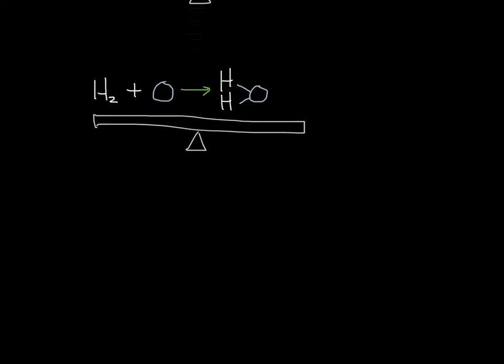Let's look at how we do this on paper. So if I say that I'm going to combine some number of hydrogen atoms and some number of oxygen atoms, they are going to combine, and they're going to give me some number of water molecules.